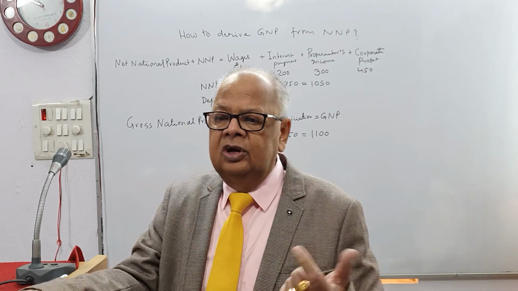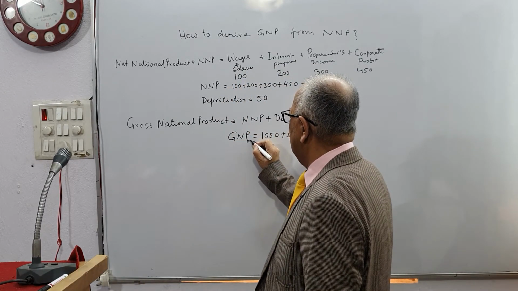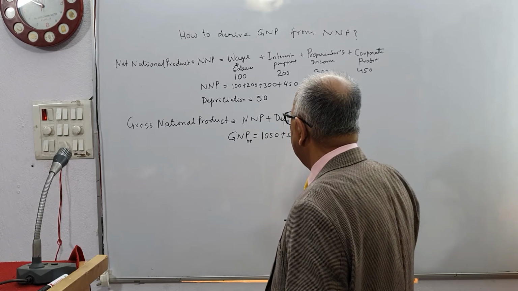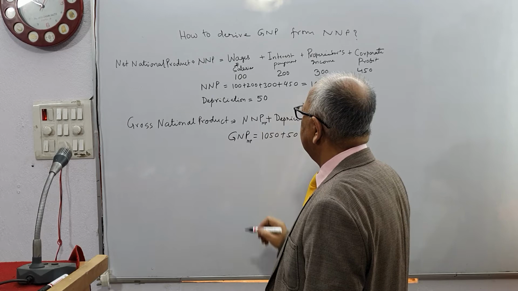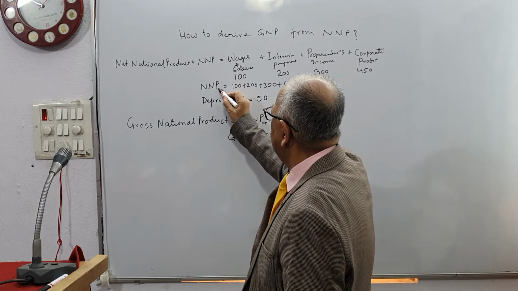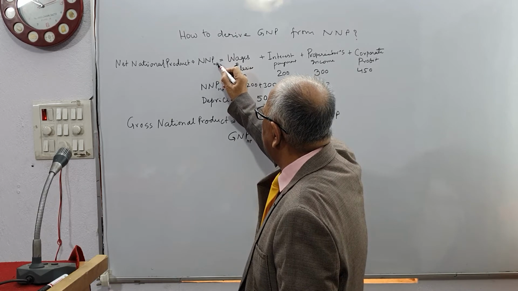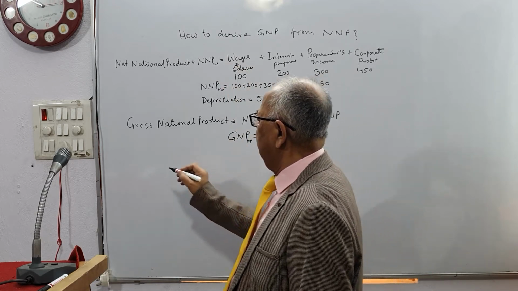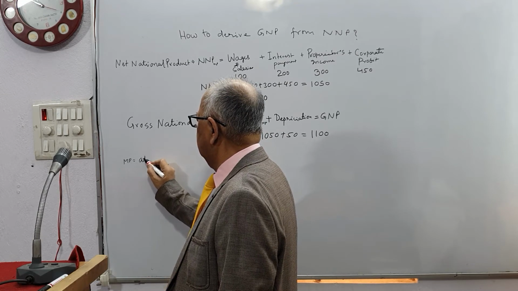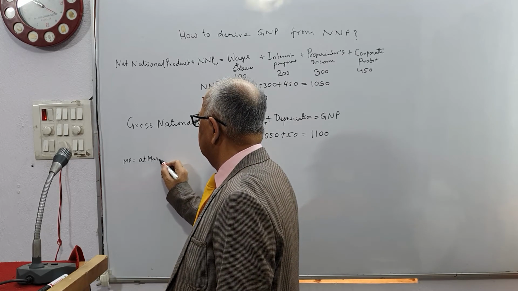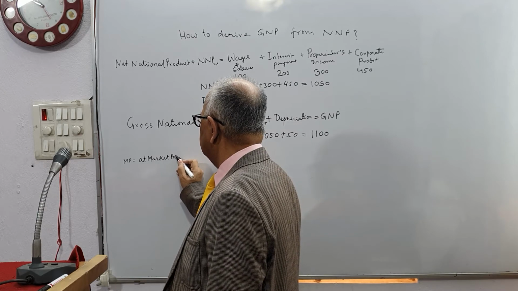If a sign is given, then a small letter MP is written on each. MP means at market price.